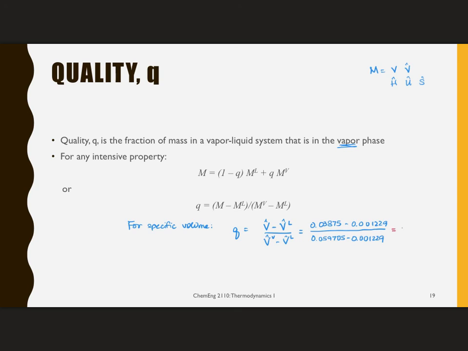And so I'm left with 0.6416. Okay, so what does that mean? It means this mixture is 64.2% vapor, and the balance, or in this case 35.8%, is liquid.